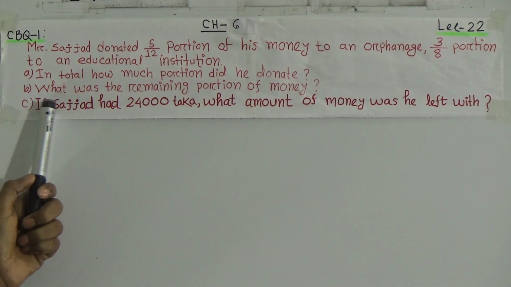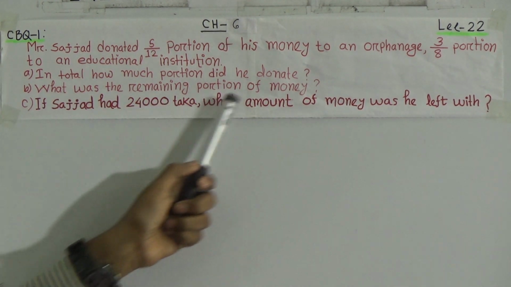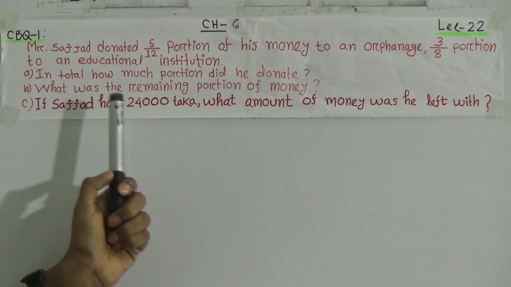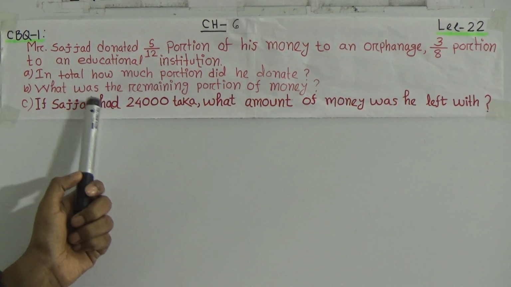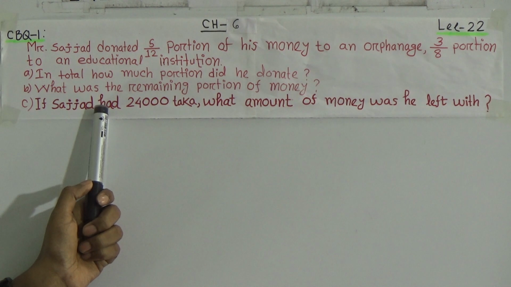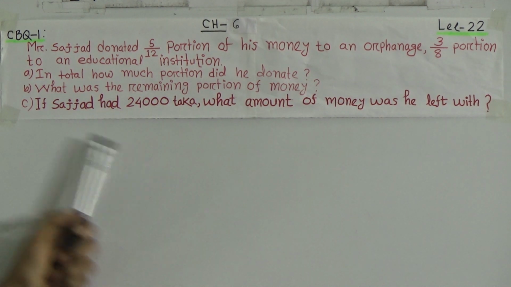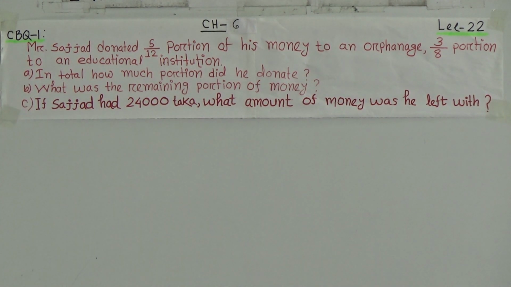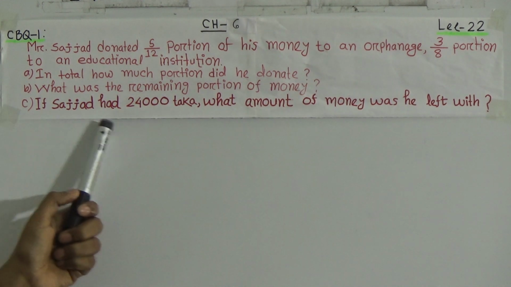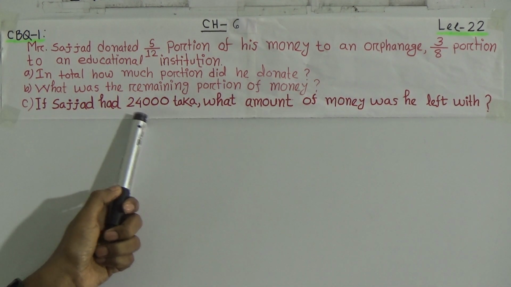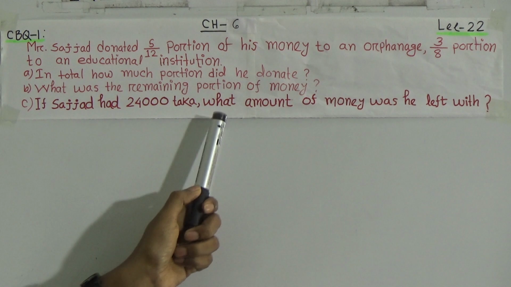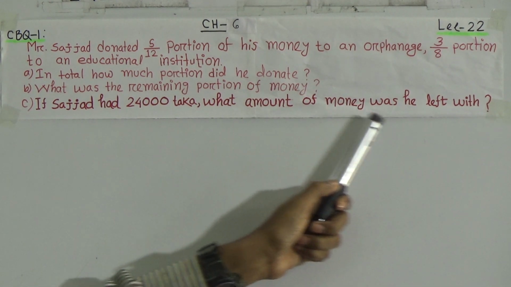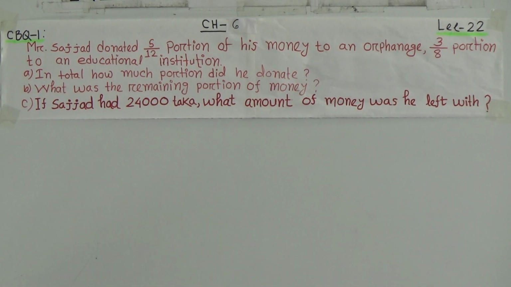B number, what was the remaining portion of money? That means after donating, how much amount of money was remaining? You have to determine. Now see, if Sajjad had 24,000 taka, what amount of money was he left with? Okay.